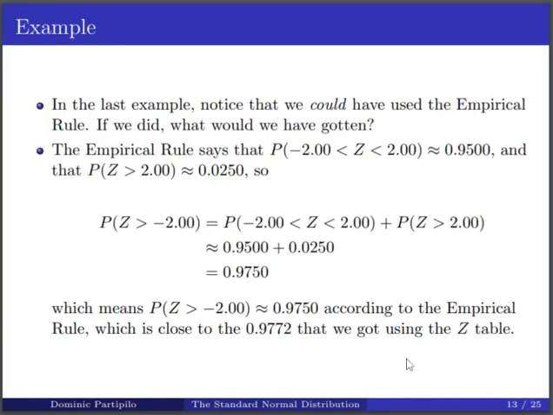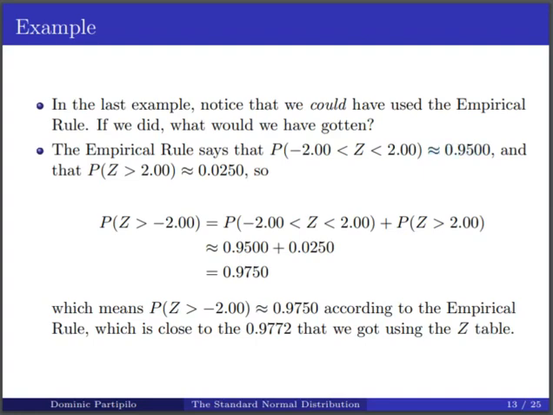So notice in the last example, we could have used the empirical rule because we got z equals exactly -2. So if we had used the empirical rule, what would we have gotten? Remember, the empirical rule says that the probability that z is between -2 and 2, or within 2 standard deviations of the mean, is approximately equal to 0.95.